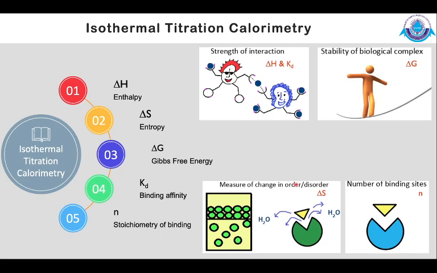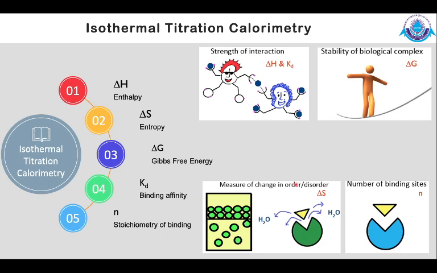One of the important parameters that often can't be determined by other methods is the number of binding sites. Often the proteins have just one binding site and bind to the ligand in a 1-to-1 ratio. However, there are many proteins nowadays that have the potential to bind at more than one binding site.